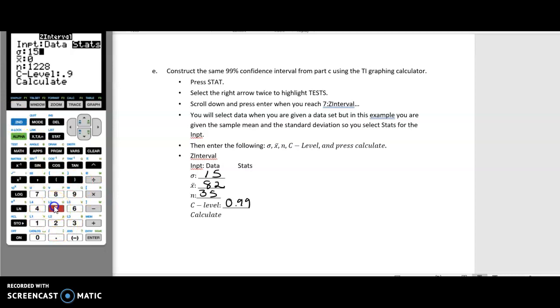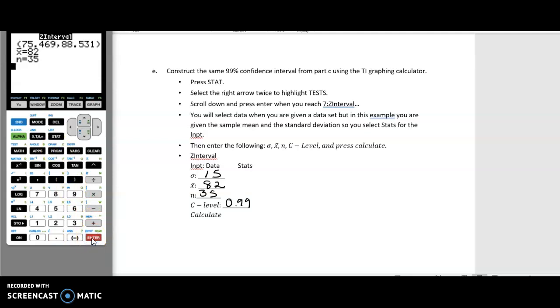So 15, press enter. x bar was 82, n was 35, and our confidence level was 99%, so as a decimal that's 0.99. And then go down, press enter, press calculate.